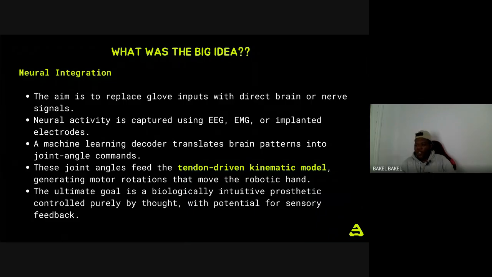You must have seen this kind of video where somebody wears a glove and makes some gestures, and then you see a robotic hand copying that gesture. I think they do it with OpenCV.